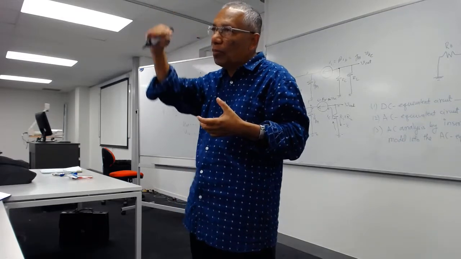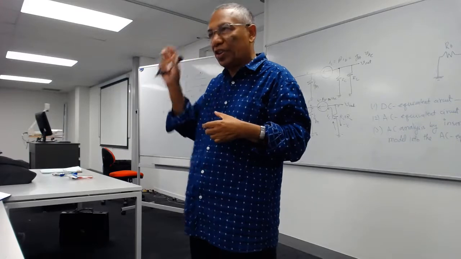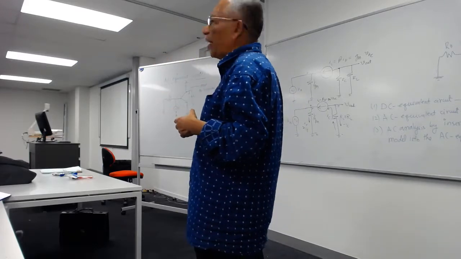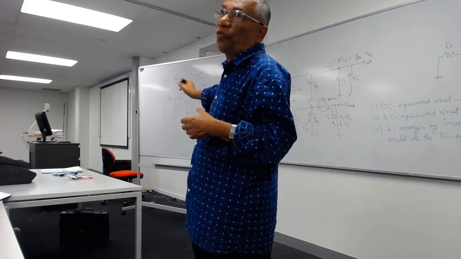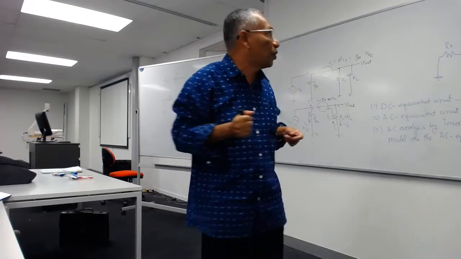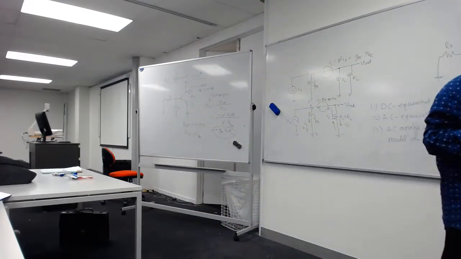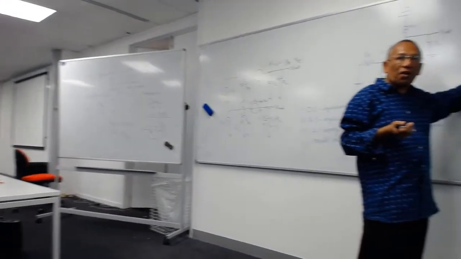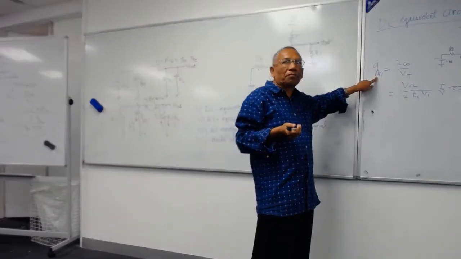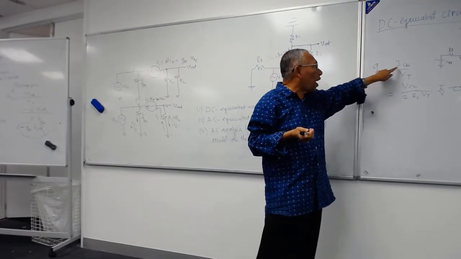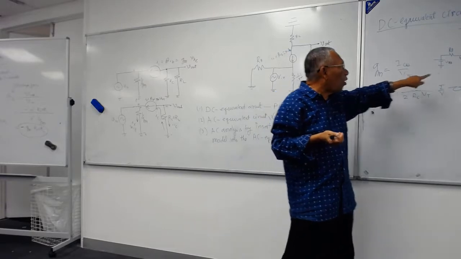So if you do it at home anytime, or during preparation for the exam, do it clearly starting from the DC model. Do every step until you get to the final step. Don't use formulas, unless you just want to find out this. This formula is never going to change. This is always going to be ICQ over VT.